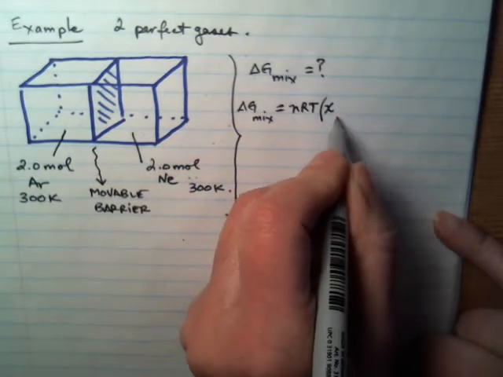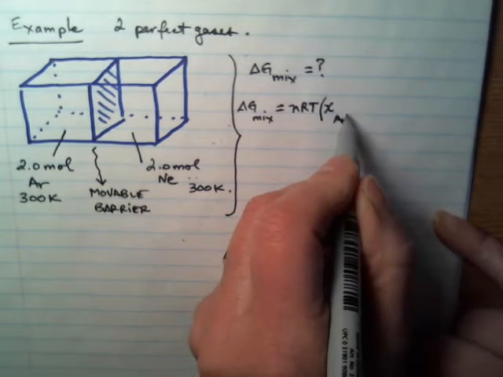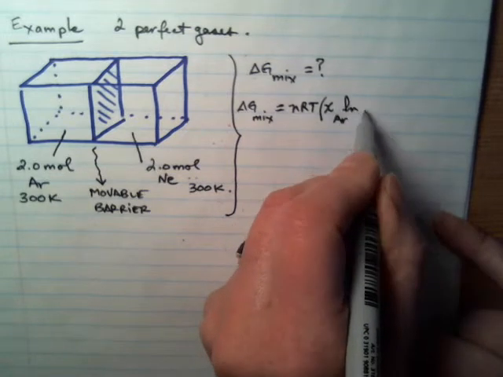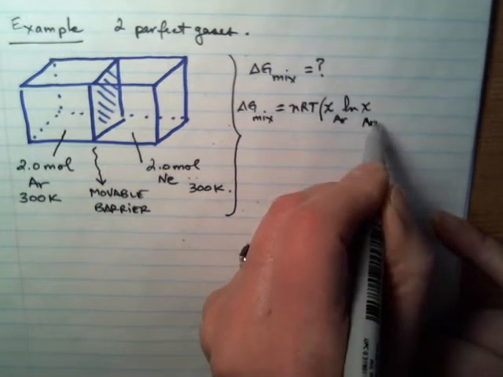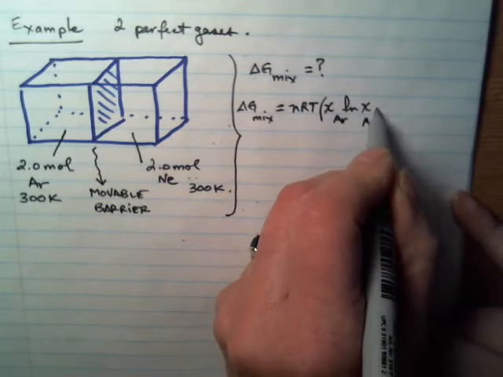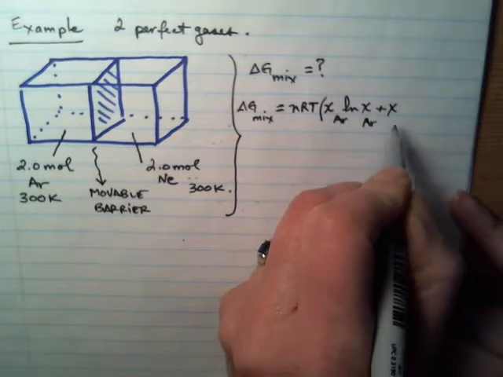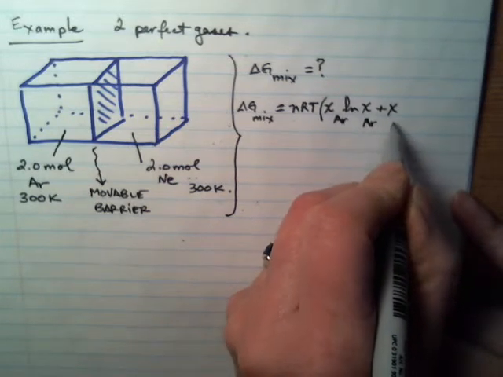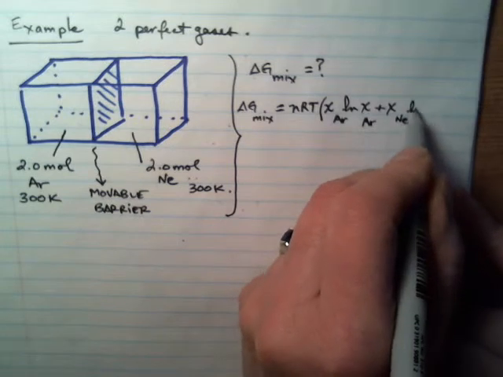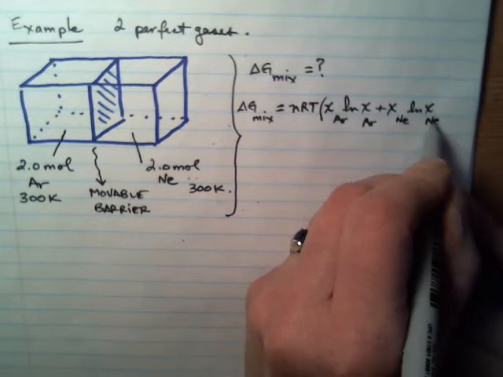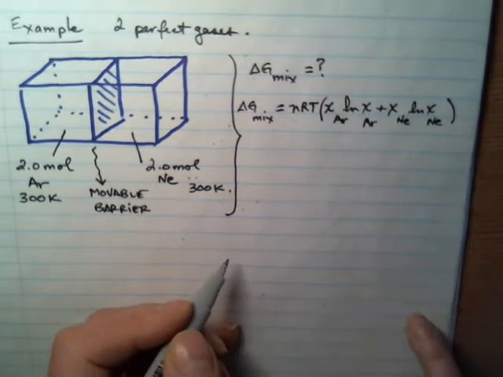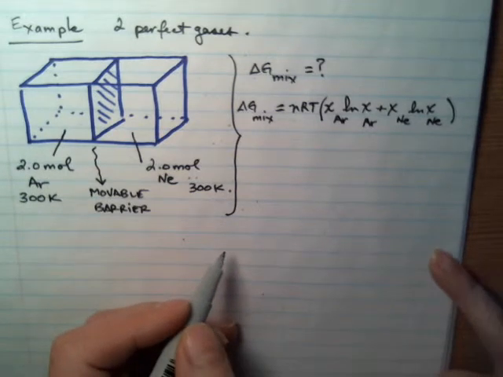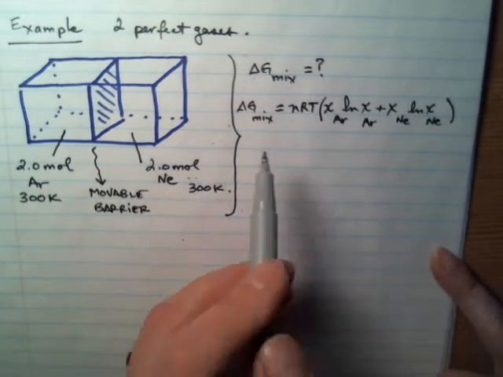We have argon and neon. So mole fraction argon times the ln of the mole fraction of argon plus mole fraction of neon, ln mole fraction neon. And we can calculate this after mixing.